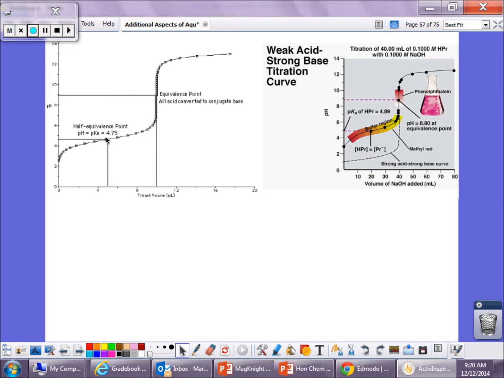At that point, the pH equals the pKa of that weak acid. Halfway to the equivalence point, pH equals pKa. If you know that, it will save you a lot of time when you are solving titration problems. Because if you know the volume for your equivalence point and you go halfway, you don't have to do any math. You just get the Ka of that weak acid, get the pKa, and that is the pH. So it will save you a lot of time.